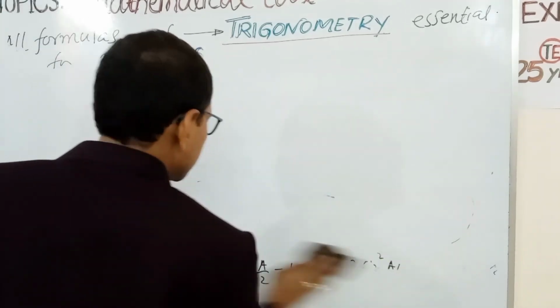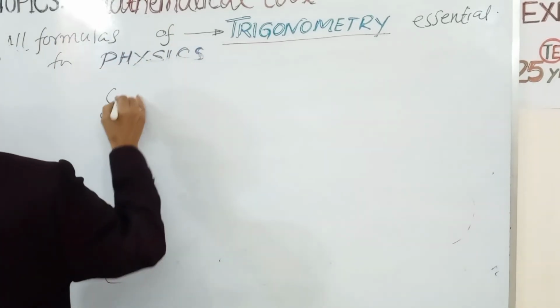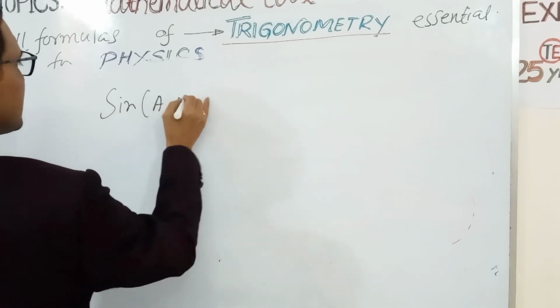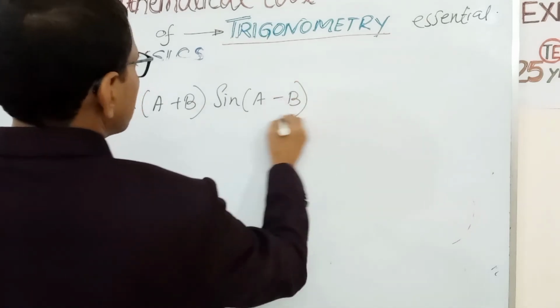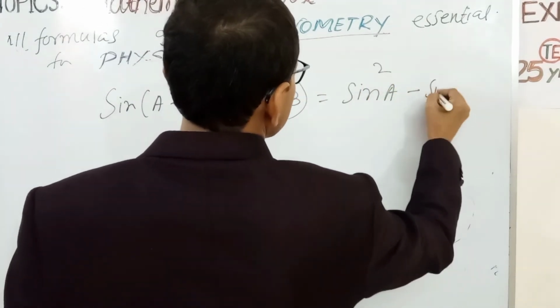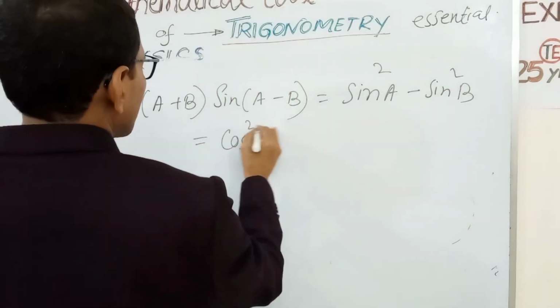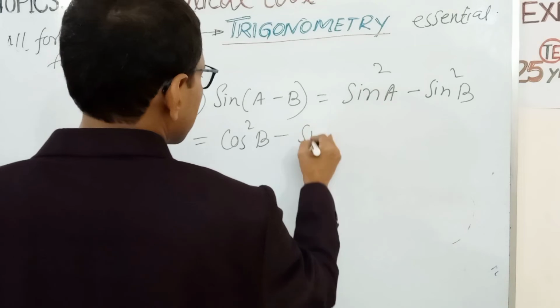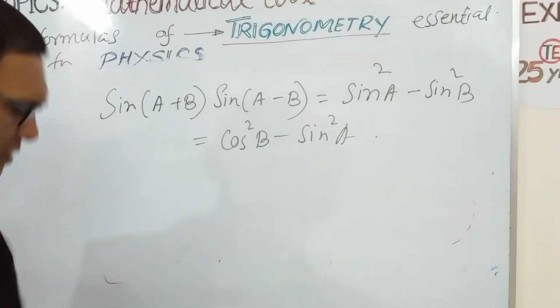Now another formula is sin a plus b into sin a minus b, which is equal to sin square a minus sin square b, or which is equal to cos square b minus cos square a.